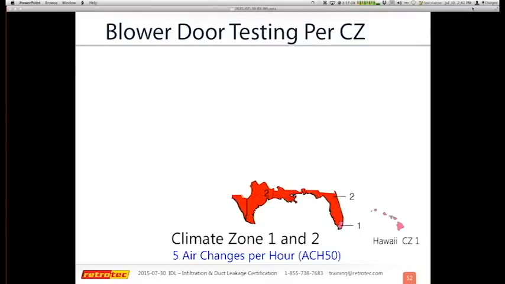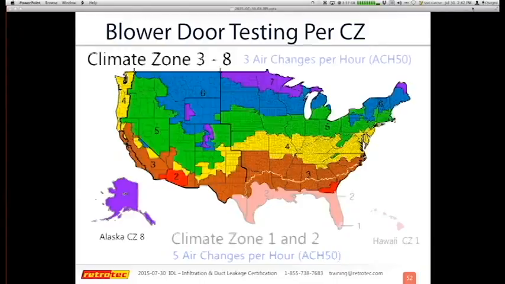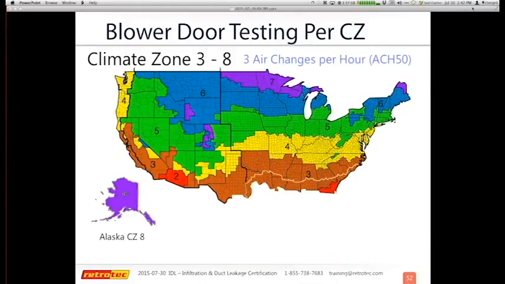Climate zone 2, Georgia has some climate zone 2, but they adopted it to be equally 3 all the way across. So for everybody else, climate zones 3 through 8, again, requiring 3 air changes per hour. And you can tell that's the majority of those who are doing that test.